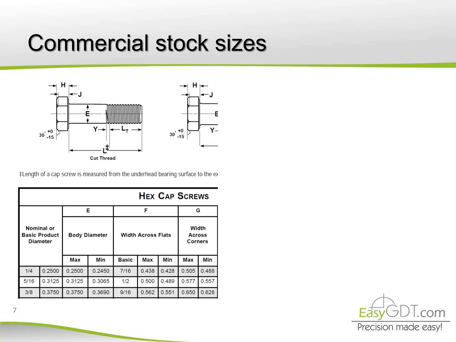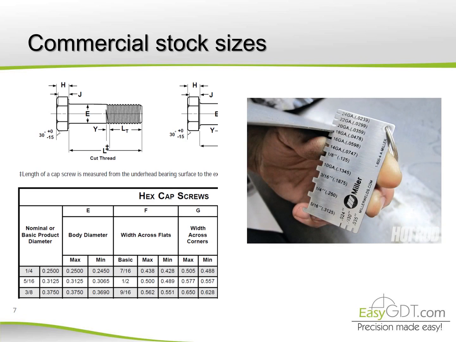For example, if a half-inch screw is specified, tolerance is not specified on the drawing, as it is already specified on the thread sizes standard. Or for example, when indicating a 16-gauge steel sheet, which follows a different standard.